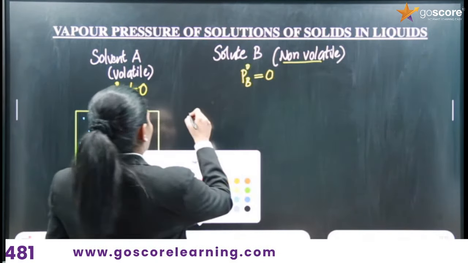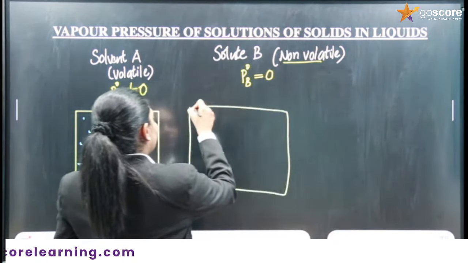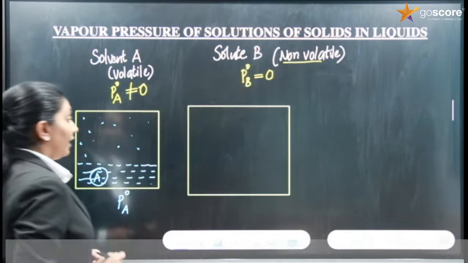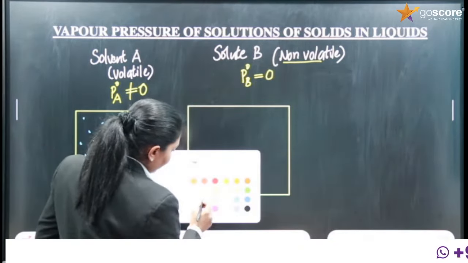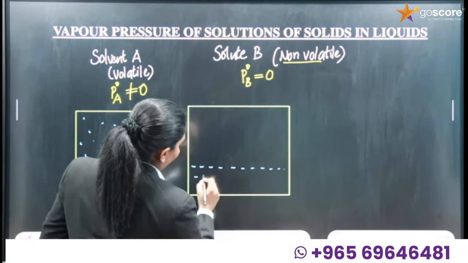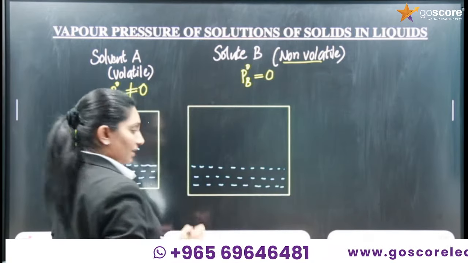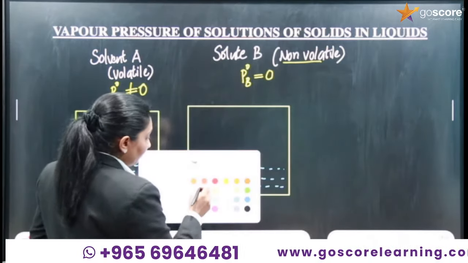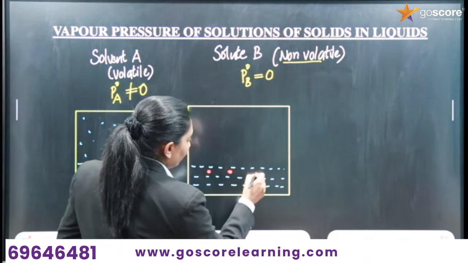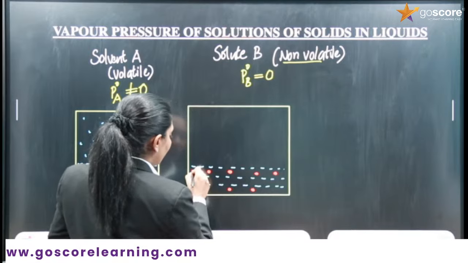In the second container, we took the same solvent A, and to this we are adding some non-volatile solute, right? These are the non-volatile solutes that we added.